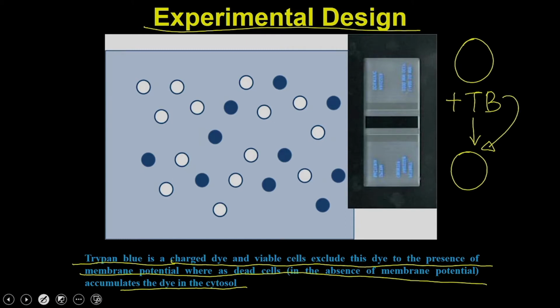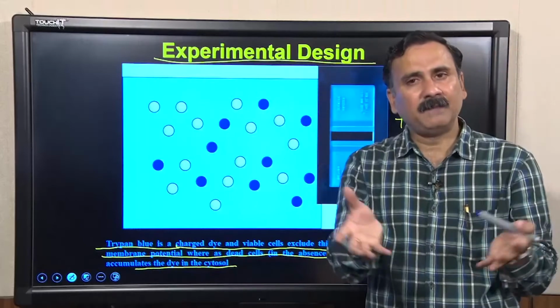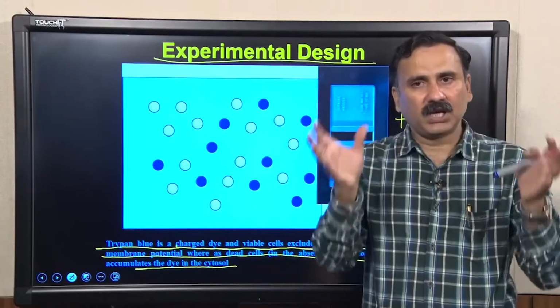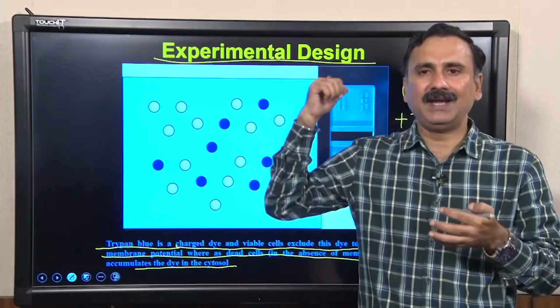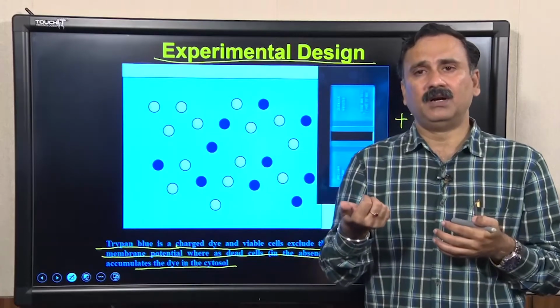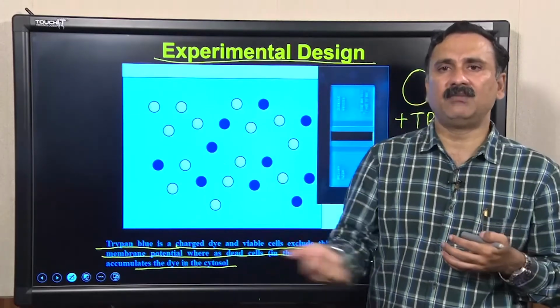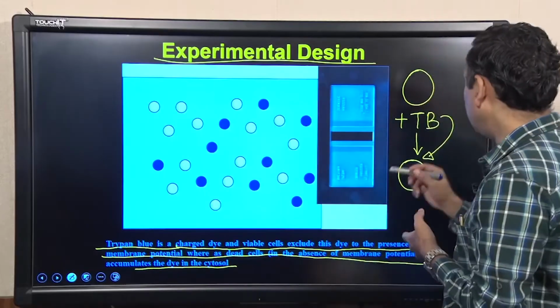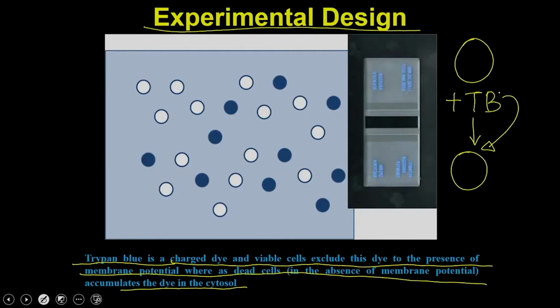The cell is maintaining a potential across the membrane, and the dye has to neutralize that potential, then only can the dye enter. But if the cell is dead, the trypan blue is going to enter the cell, and it is going to make the cell blue in color. So, that is what you have to do.